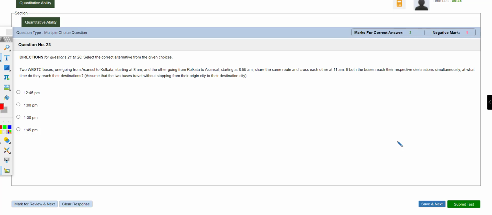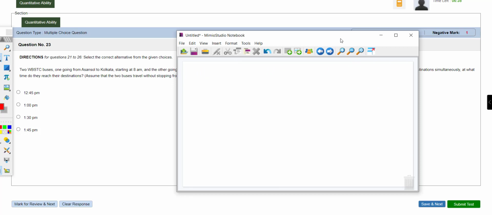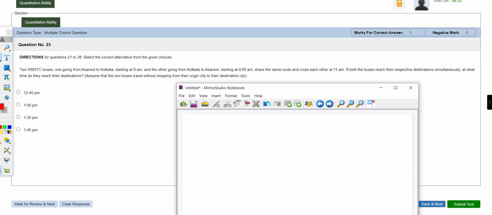Both buses reach their respective destinations simultaneously. At what time do they reach the destination? This is the easy one. Okay, let's solve this. So over here, let me draw a diagram. First of all, this is Asansol and this is Kolkata.